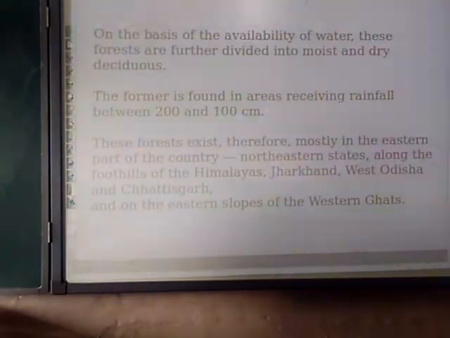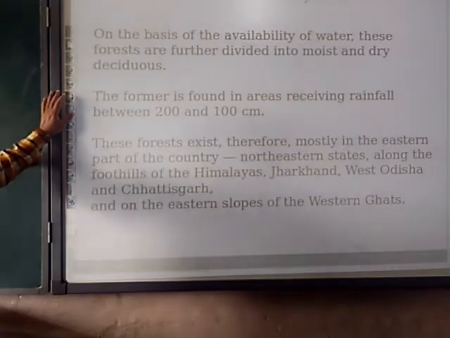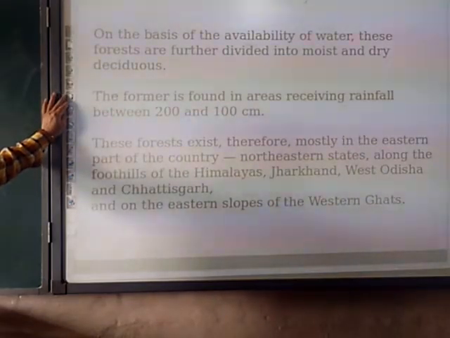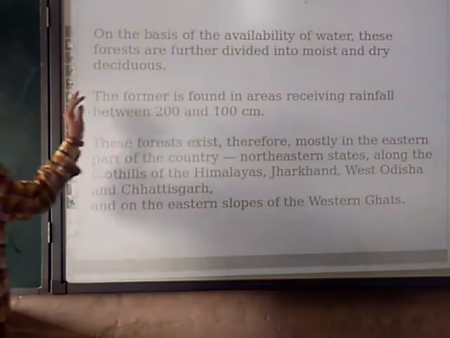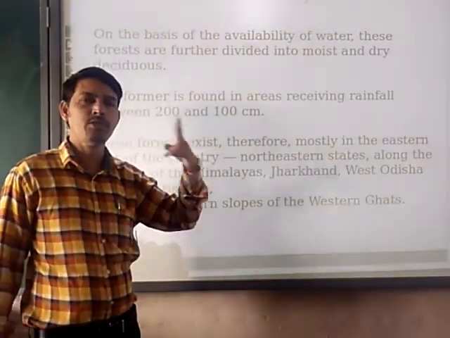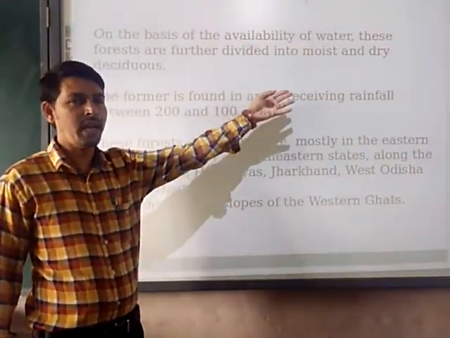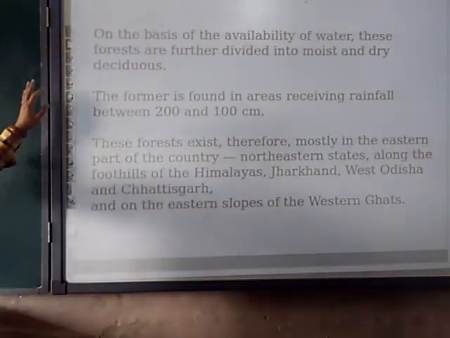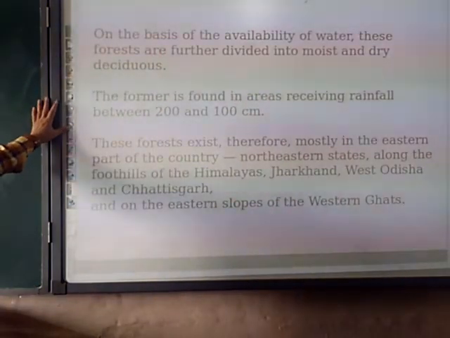On the basis of availability of water, these forests are further divided into moist and dry deciduous. So deciduous forests are divided into two, moist and dry. The former is found in areas receiving rainfall between 200 and 100 cm.